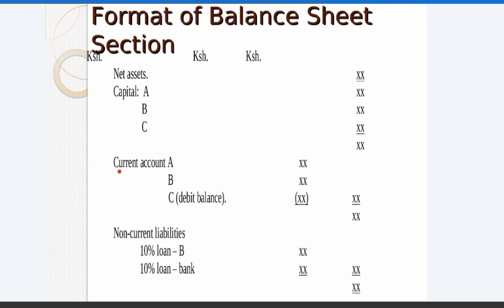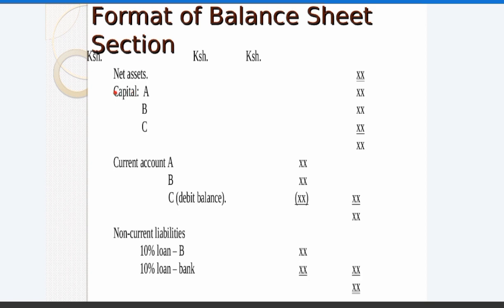So the rest of the format, from presenting the non-current assets, then current assets, then current liabilities, so that you get net assets, is the same. The segment up to net assets is the same as that of a sole proprietorship business. Now the difference will come in how you present capital and long-term liabilities.